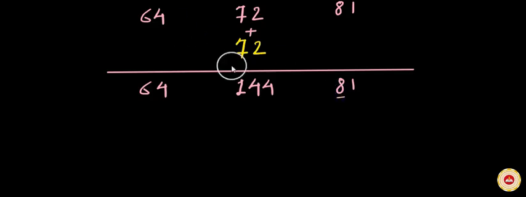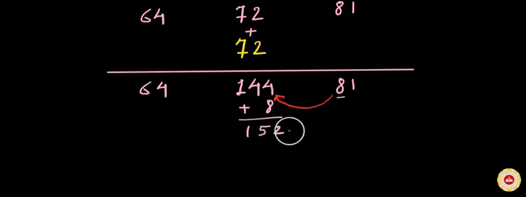So let us pass 8 to the immediate left part. Passing means adding. So add 144 plus 8, which gives us 152. Now it is a 3-digit number, that means we have extra 2 digits in this number. Which are those extra 2 digits? 1 and 5, that is 15.